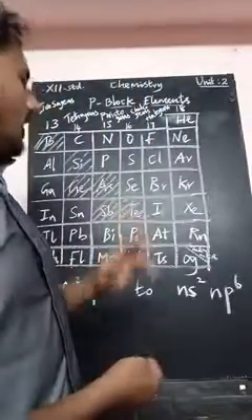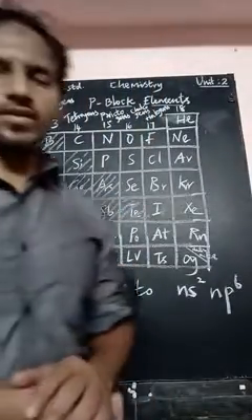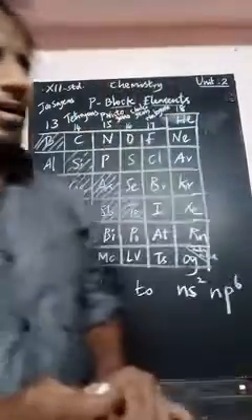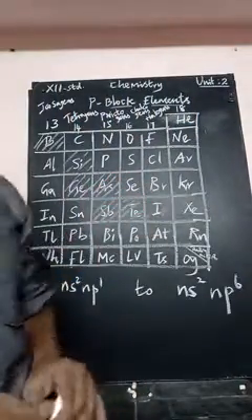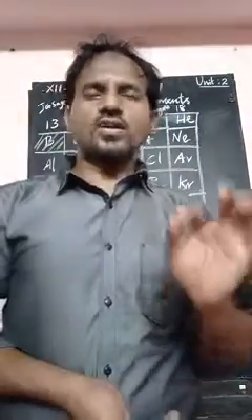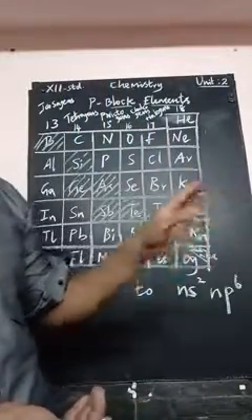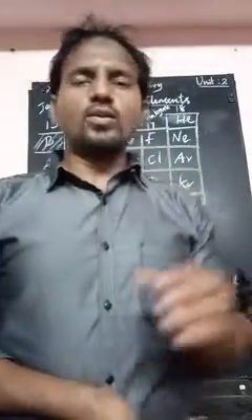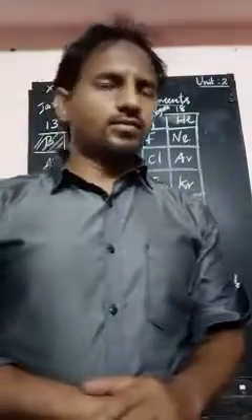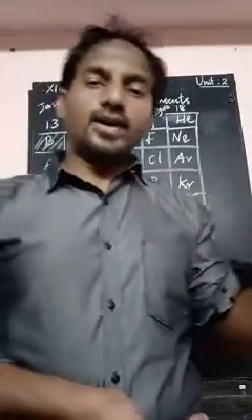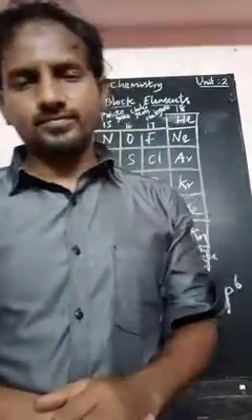And next are the anomalous properties of the p block elements. In each group, the first member shows exceptional behavior. For example, in group 13, boron is a small element. Generally, all the first elements do not have d orbitals, and they have small size, high electronegativity, and high ionization energy.